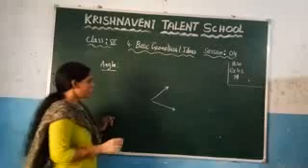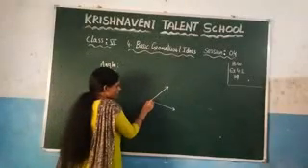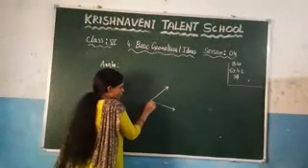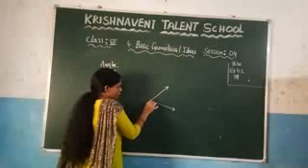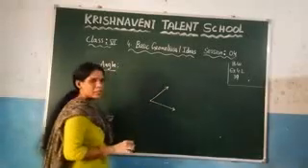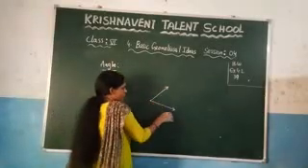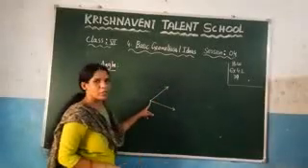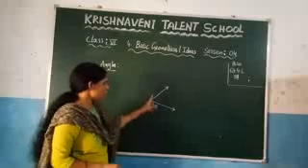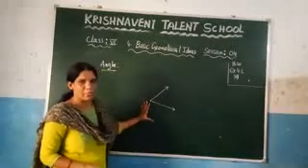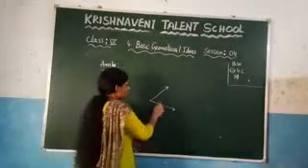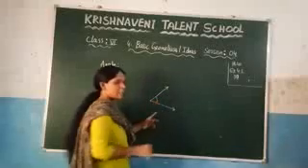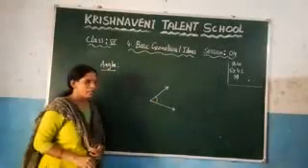And if you extend this one, let us suppose these two rays are intersecting at this point. This is one ray and this is one ray, and these two rays are intersecting at a common point. So if these two rays are intersecting at a common point, what will be formed? An angle will be formed.